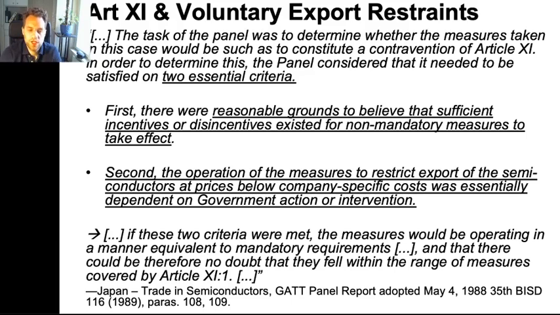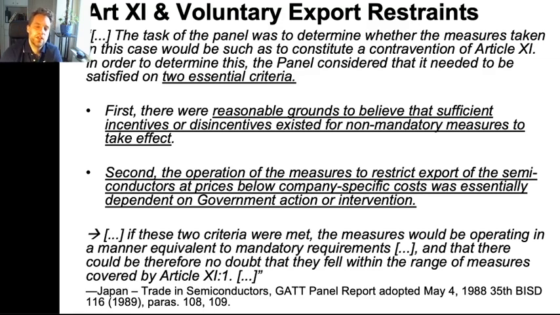There are two essential criteria here to say whether a voluntary export restraint constitutes a violation of Article 11. The first one is whether there are reasonable grounds to believe that sufficient incentives or disincentives existed for non-mandatory measures to take effect. So you wouldn't say this is binding, but maybe you exercised economic pressure. There were other backdoor negotiations taking place.